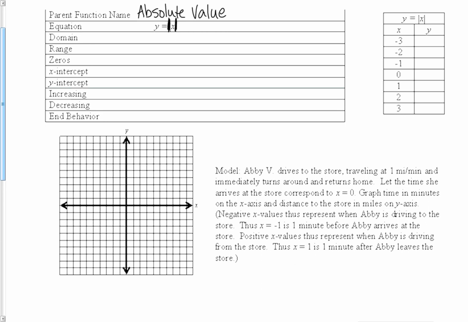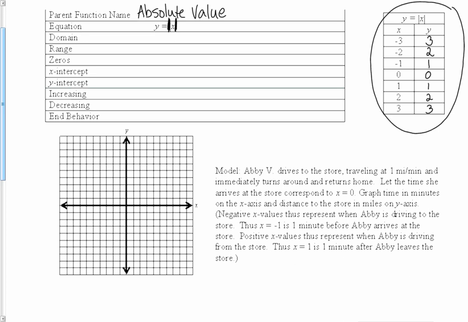So if I'm looking at my table over here, the absolute value of 0 is 0. Absolute value of 1 is 1. Absolute value of 2 is 2. Absolute value doesn't do anything unless you're negative. If you're negative, the absolute value of negative 1 is positive 1. The absolute value of negative 2 is positive 2. The absolute value of negative 3 is positive 3. If you're negative, the absolute value will make you positive.